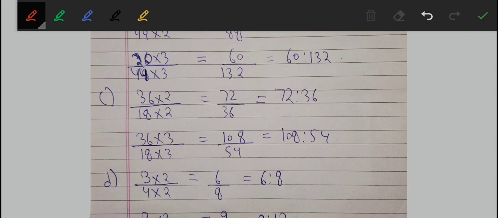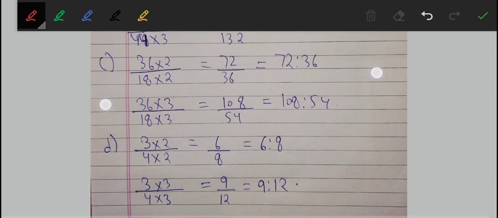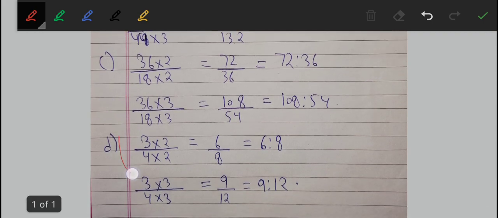Okay, so again in the same way we will multiply both the numbers by 2 here. So this will be equal to 6 upon 8, and this is 6 ratio 8 now. Okay, and in order to find the second ratio we will multiply both the numbers by 3. So 3 into 3 will be 9 here and 3 into 4 will be equal to 12. So the ratio is 9 ratio 12.